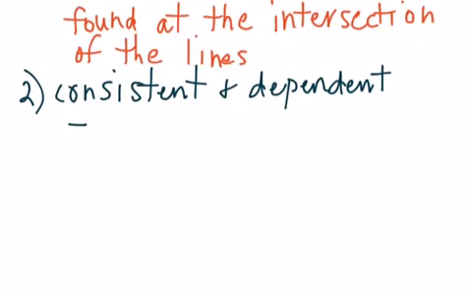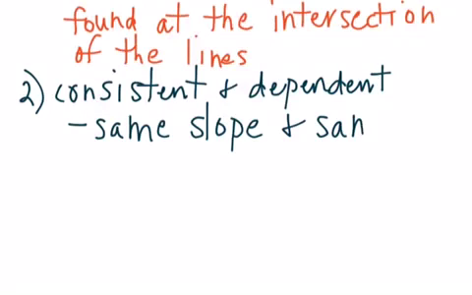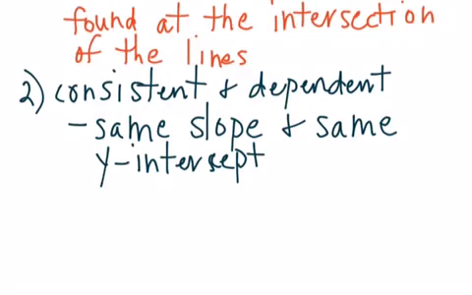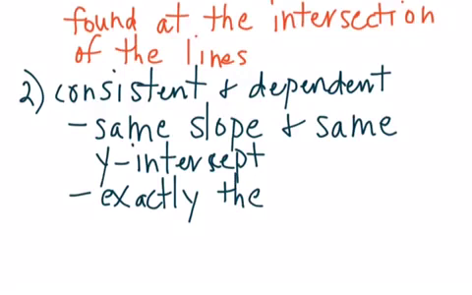In this case, you have the same slope and same y-intercept, which means you have exactly the same line.